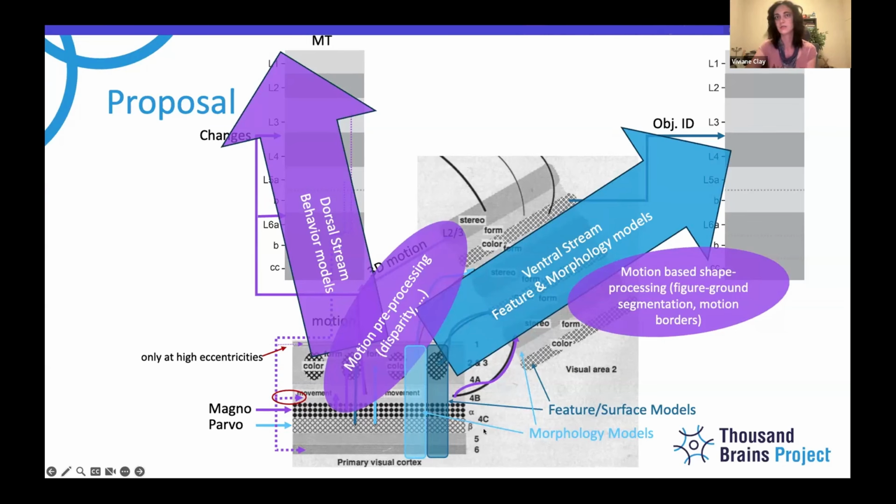That could be blobs and thin stripes, but that's a bit more out there of a proposal, I guess. That's that. I have a bunch more random evidence and fun facts about visual processing.